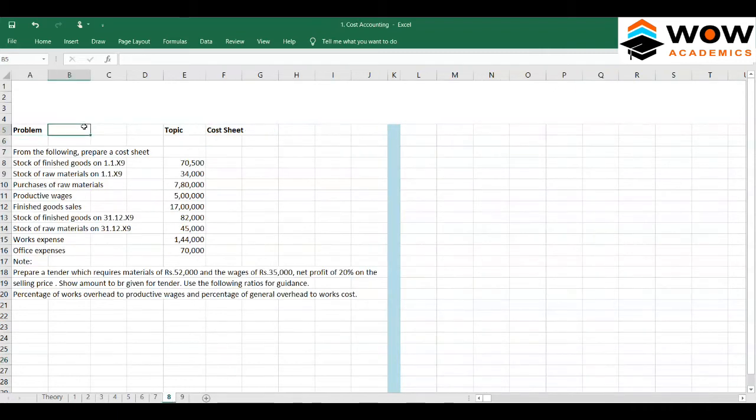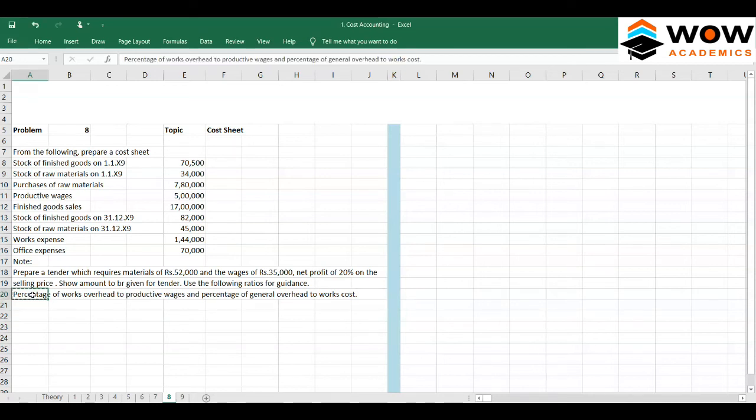So this is sum number 8. So in this sum, it's again a tender sum. He's asking the percentage he has given, percentage of works overhead to the wages and the percentage of general overheads to works cost. So he has given a particular ratio in which you have to work it out.